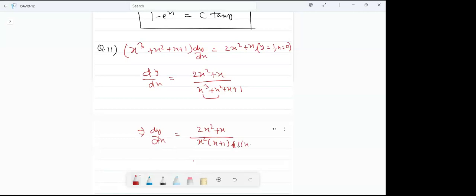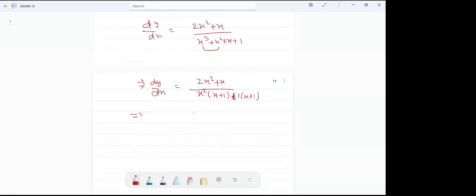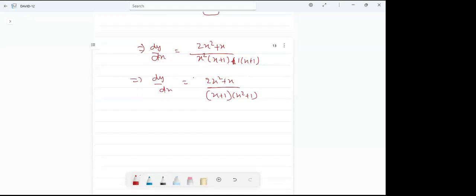So this will be dy over dx equals to 2x square plus x upon (x plus 1) into (x square plus 1). This way. So now we can use the partial fraction method. Before that, we have to write dy equals to (2x square plus x) over (x plus 1)(x square plus 1) dx, and integrating both sides.